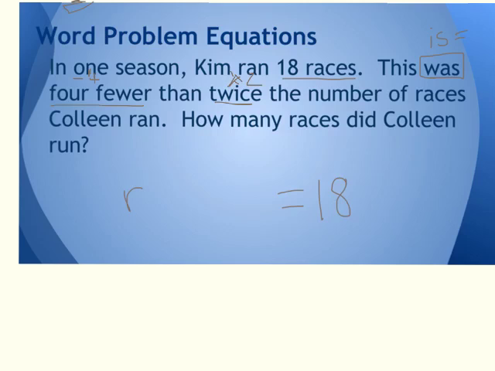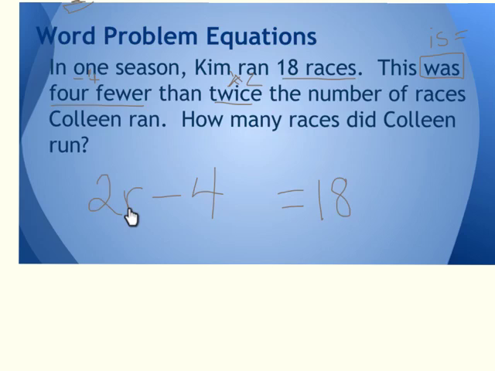So what do we do to this variable to get 18? Colleen's races times 2 minus 4, whatever number Colleen ran. Kim ran 18, which is 2 times that minus 4, or 4 less than twice the number of races Colleen ran.